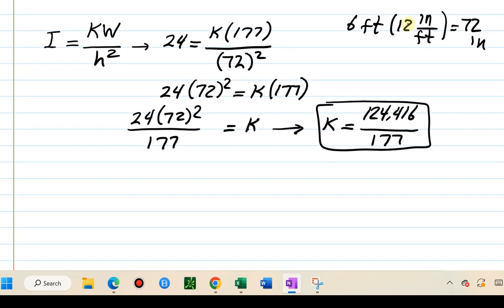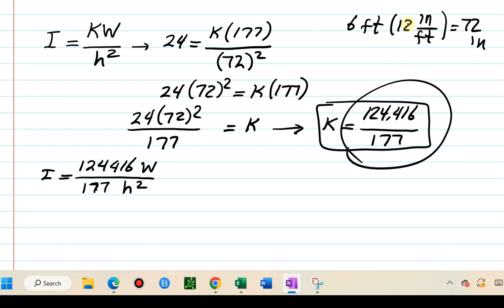Now I can update my BMI formula. That's going to be 124,416 W divided by 177 H squared. You could use a calculator to approximate it, but I don't like to, because if I round too early, this number is going to give me a decimal, not a whole number.